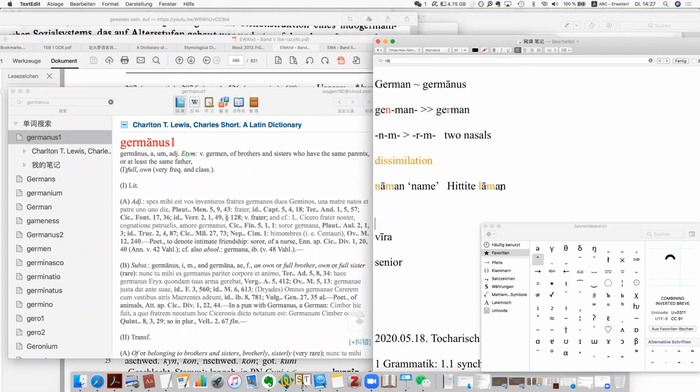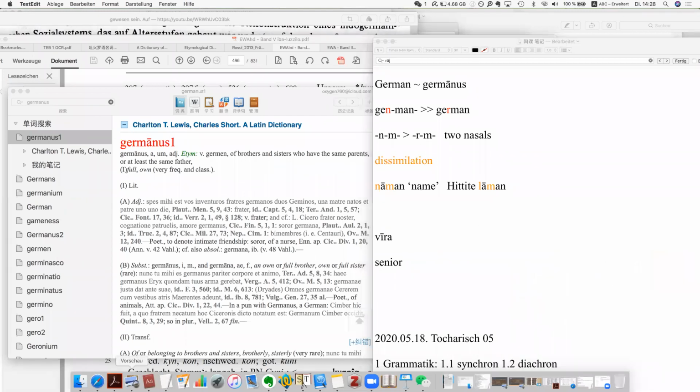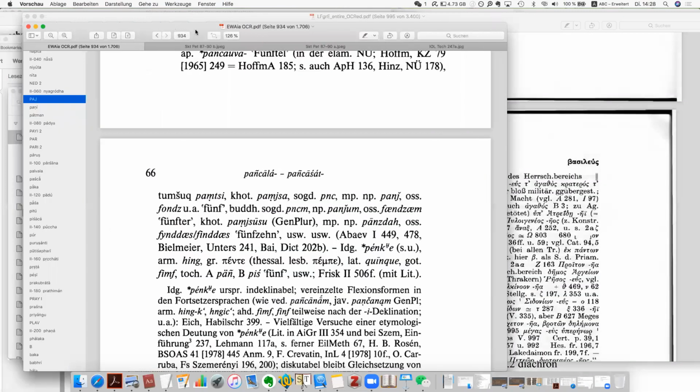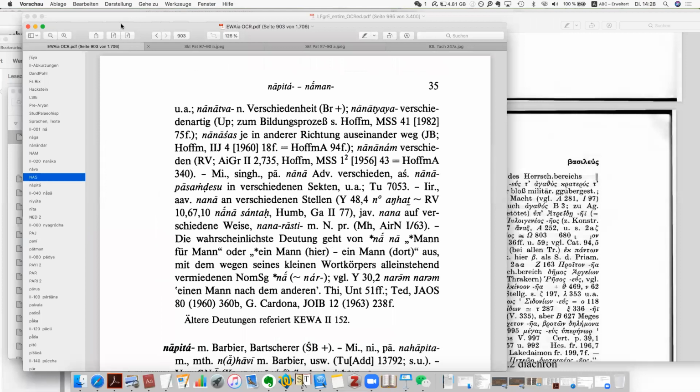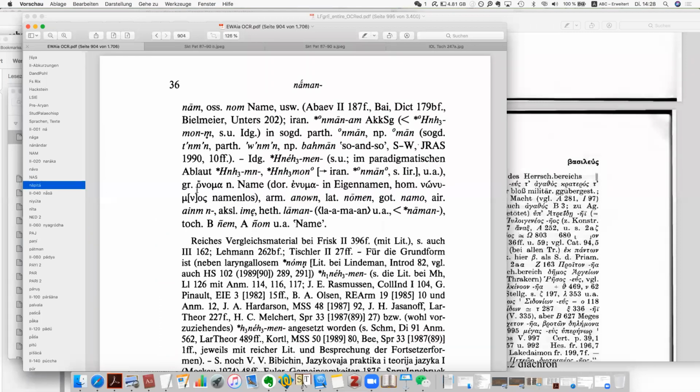In Hittite, it's laman, but in Sanskrit, it's nama. Yeah, I have to check it. I think the first one is long, right? Yeah, this first one is long, called laman, and as I have mentioned earlier, in Hittite, they are written in hieroglyph.